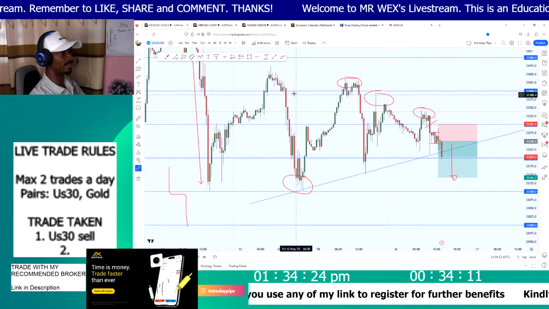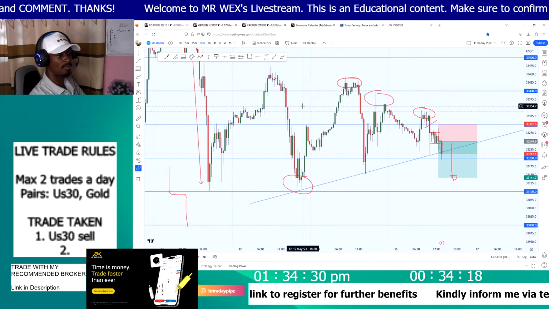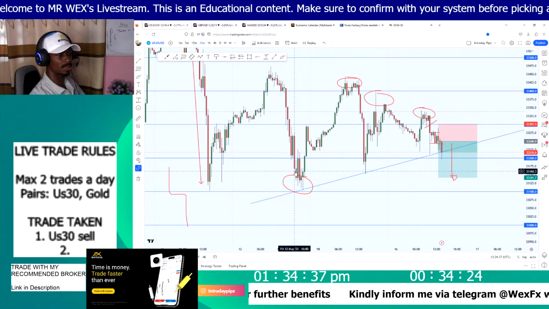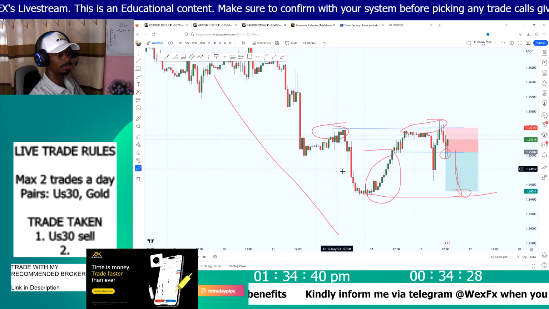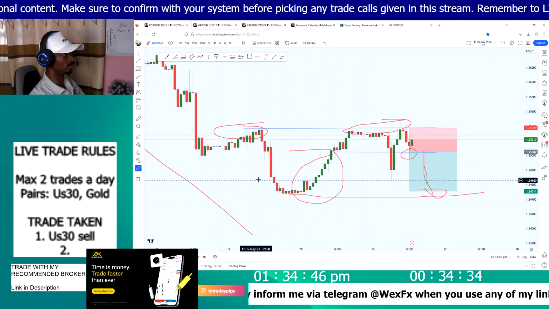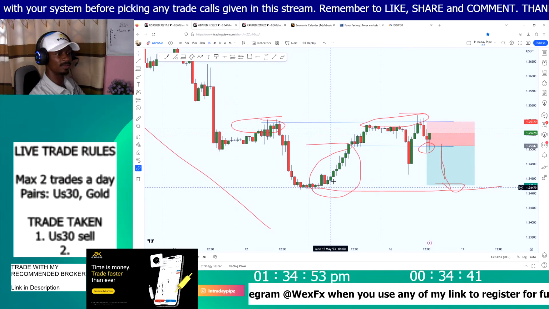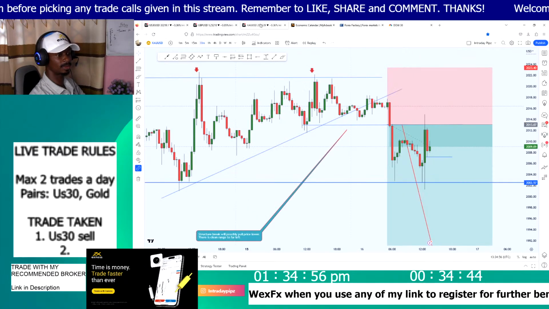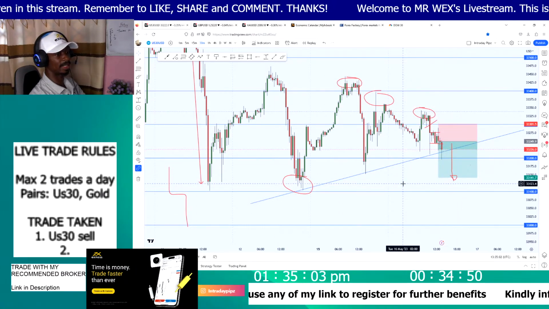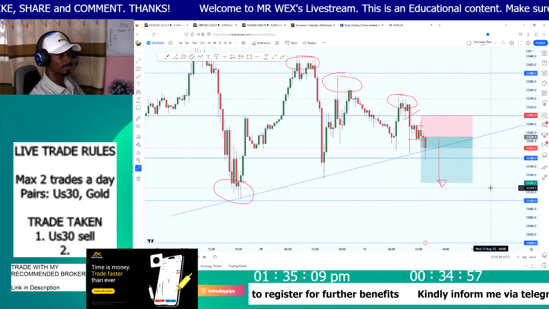We are still in the game. Price action. So basically guys, the trend line is really trying to deal with the volume.